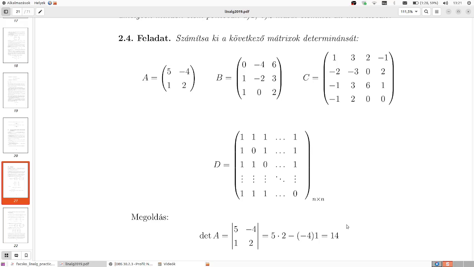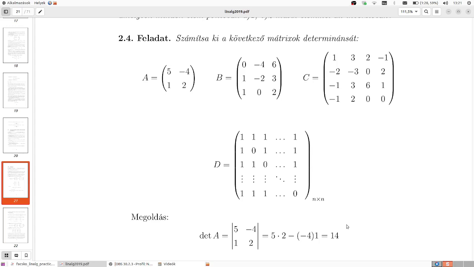Very simple, you have to go through the rows. It's very simple: 1, 3, 2, minus 1. However, you can use any row or any column. And if you choose the last row, then you have to calculate only 2 subdeterminants, at minus 1 and minus 2, because the constants are 0 and 0.